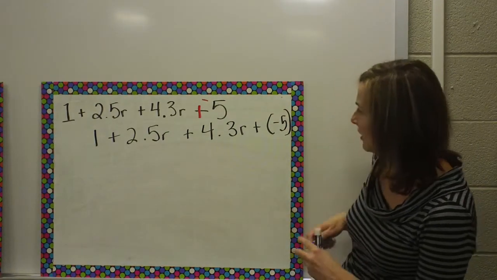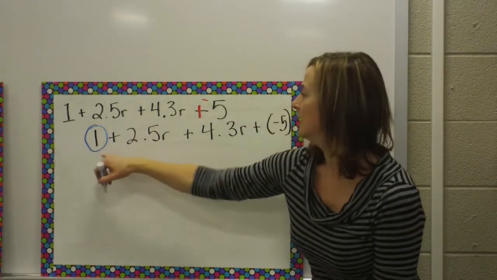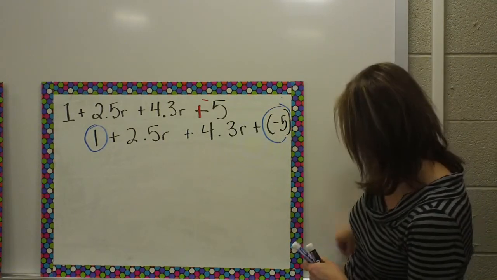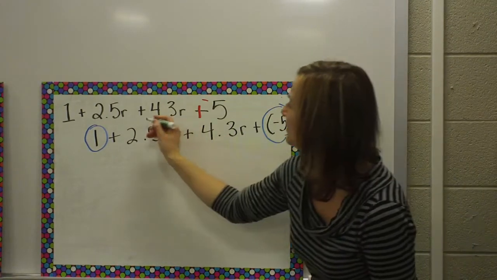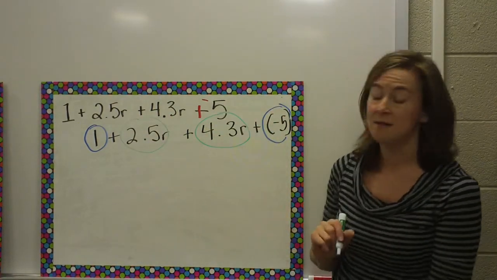Now I'm going to use my different colors, and I'm going to circle my like terms. So I have a 1 and a negative 5 that can go together. And I have a 2.5r and a 4.3r.